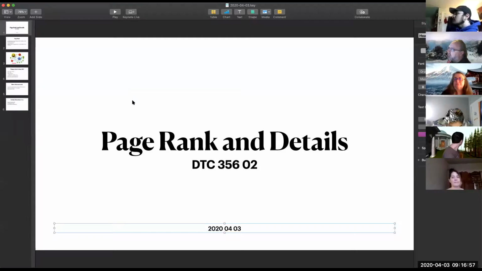Okay, I'm going to stop sharing, and I'm going to share my screen again. And this is the page that I would like you to see. Hopefully you see it now. Does it say PageRank and details? It does. Okay. And it didn't show this before, it showed something else? All right.